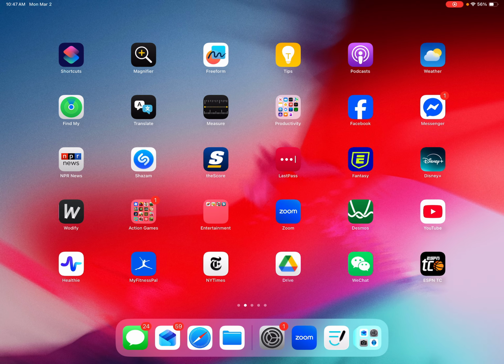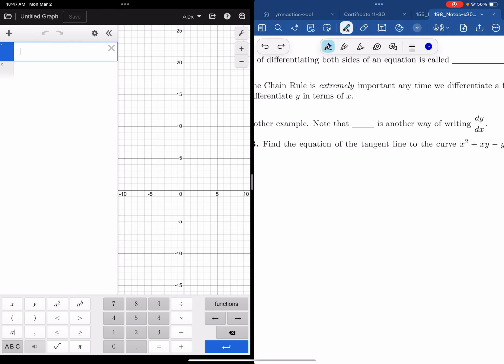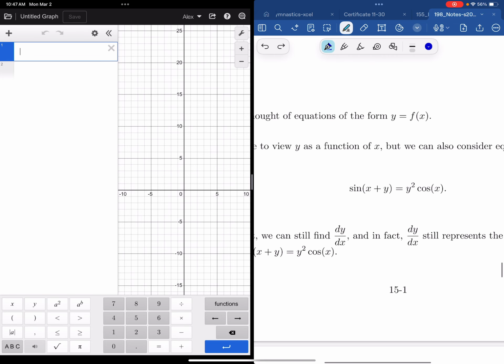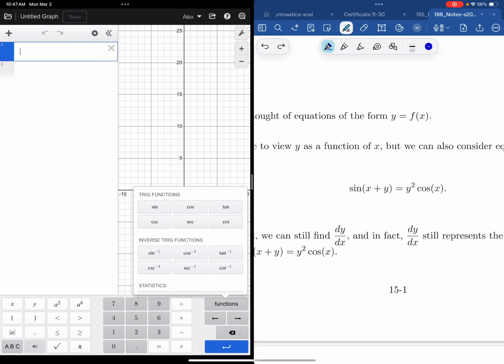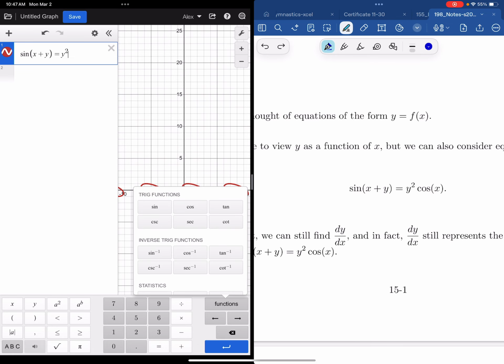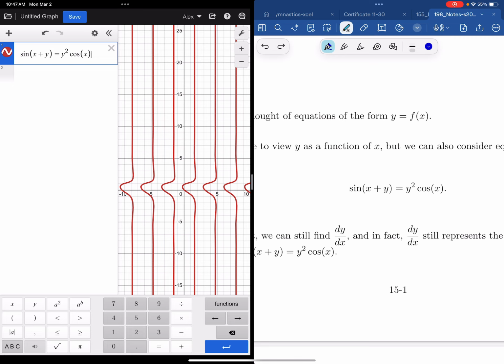In fact, if we get out Desmos, you go to desmos.com if you'd like to do this. If we go ahead and just type in this equation, sine of x plus y equals y squared cosine of x, you can get a function, right?